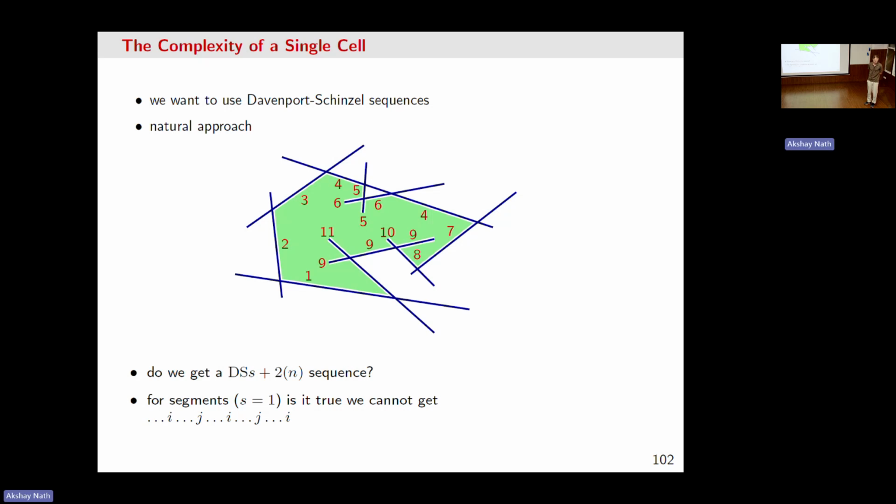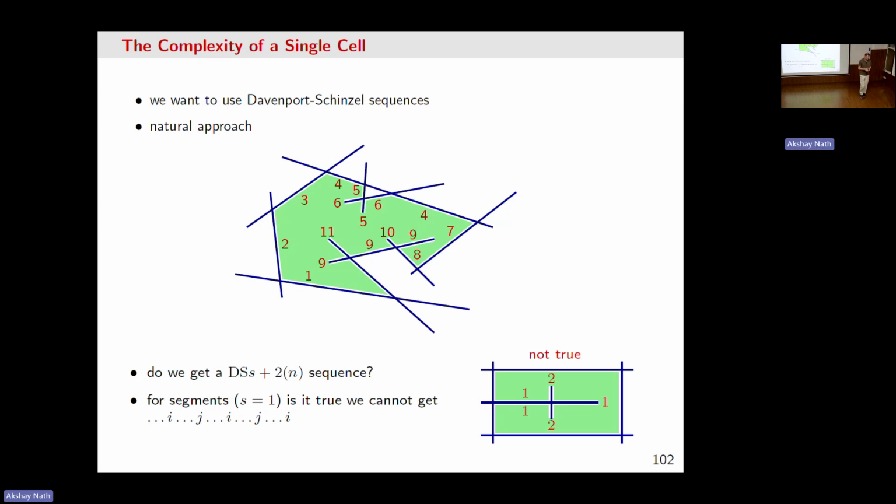You can, once going down. So something like this, where I have 1, 2, 1, 2, 1.